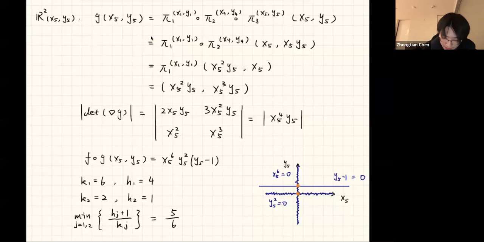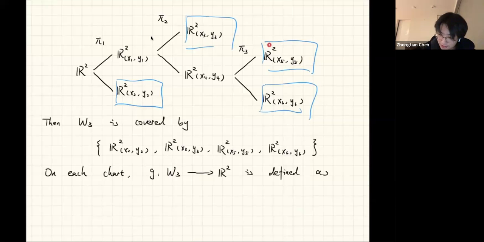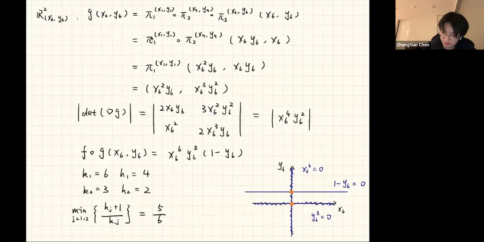Now we are here, and we do 3 blow up to get this chart. So now G will be composition of pi 1, pi 2, and pi 3. Now we compute what G looks like, and it's a composition of these 3. Then we compute the determinant of the Jacobian, which is this monomial.